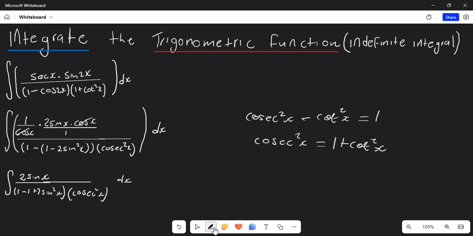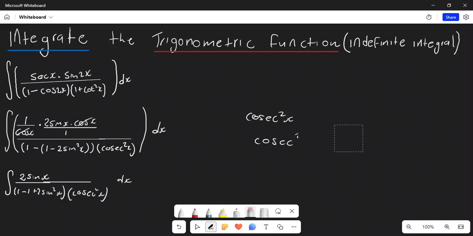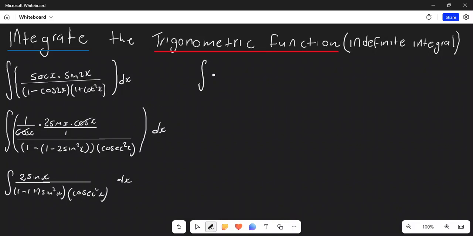Alright, so we're going to need more space. I'm going to create more space here. I'm going to write it here. So we're going to continue this side here. Alright, on the numerator we continue. We're going to write 2 sine x. And then when you look at the denominator here, the first bracket, we have 1 minus 1.